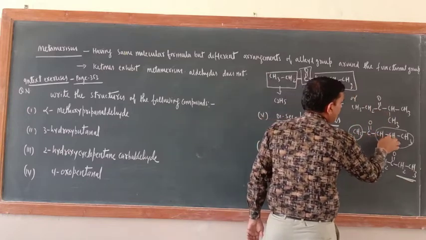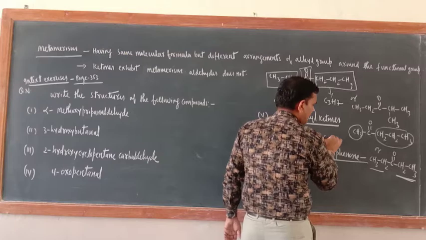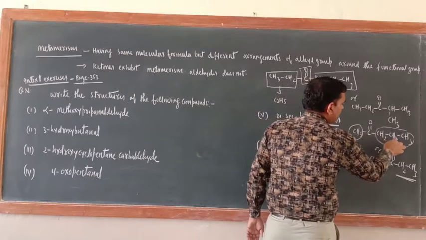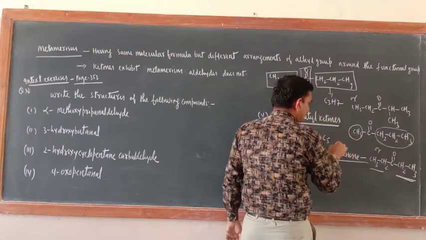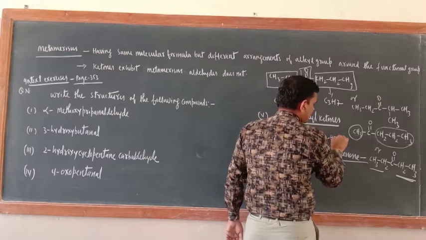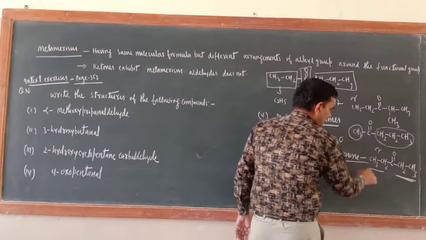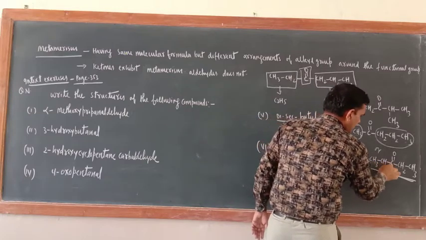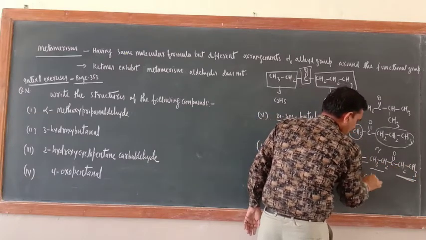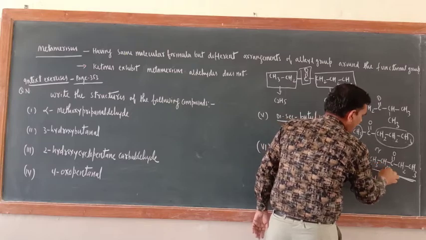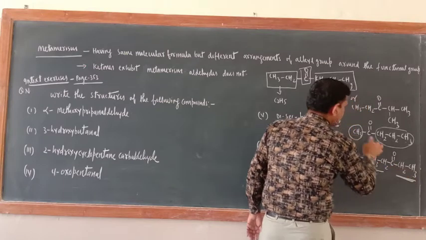1, 2, 3, 4, 5: 5 carbon atoms. 3, 2, 5, 2, 7, 8: 8 hydrogen atoms. Now oxygen is 1. Here also, 1, 2, 3, 4, 5: 5 carbon atoms. Hydrogen 3, 2, 5, 2, 7, 3, 10.